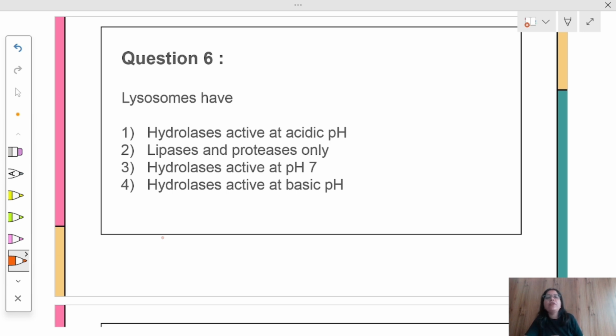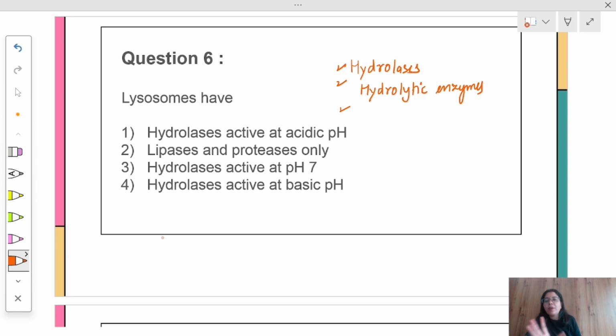And it is packed with a lot of hydrolases. Okay. What is the meaning of hydrolases? Hydrolase is a hydrolytic enzyme. Okay, these hydrolytic enzymes are responsible for the digestion of different biomolecules like RNA, DNA, like protein, right? All these things are hydrolyzed with the help of these enzymes.